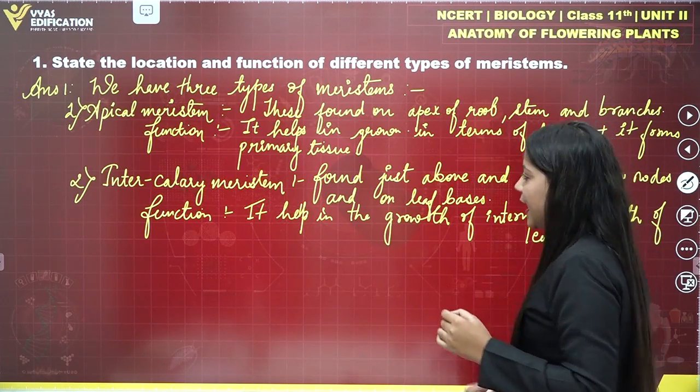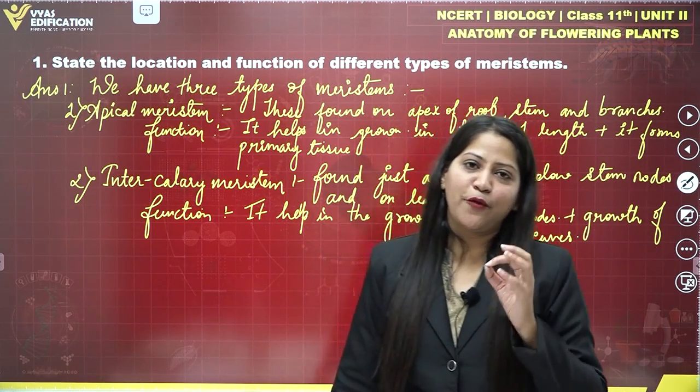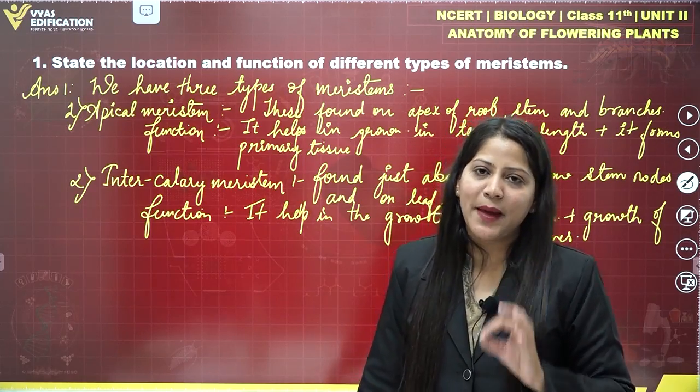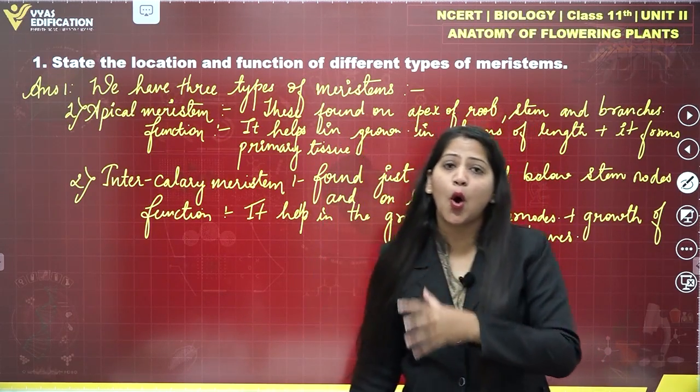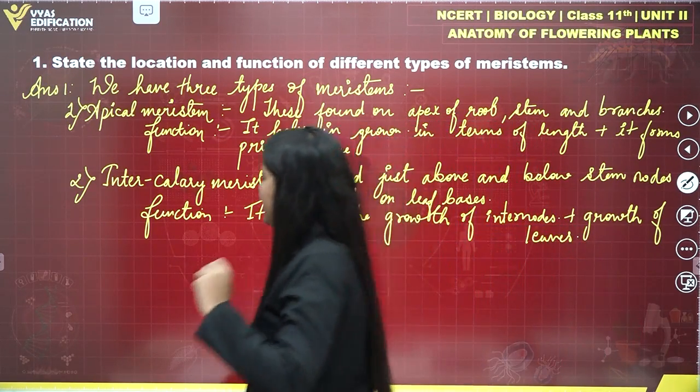Right? Then the third type of meristem we have is lateral meristem, which is of two types, that is cork cambium and vascular cambium.